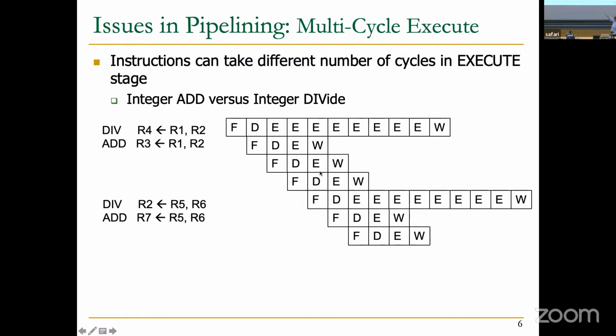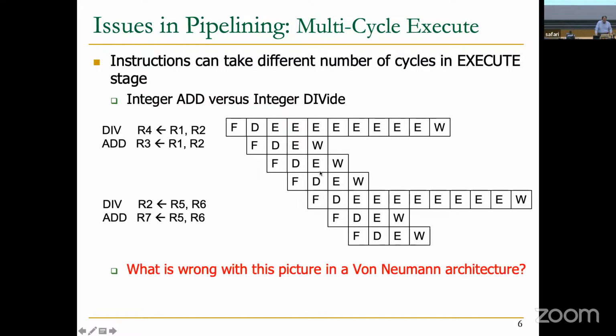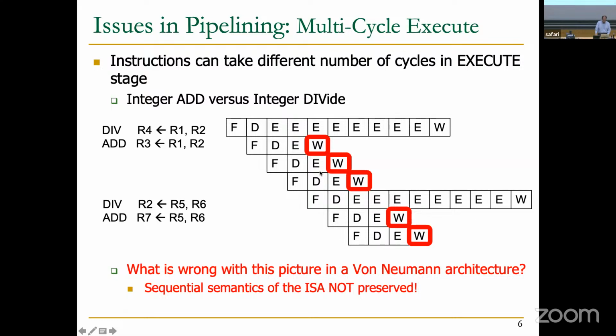The division instruction takes longer, so it is committed very late, after other instructions, which is wrong based on the von Neumann model. These instructions are committing earlier than the division. So the sequential semantics of the ISA is not preserved.